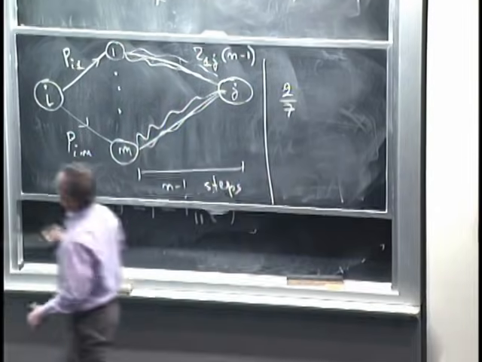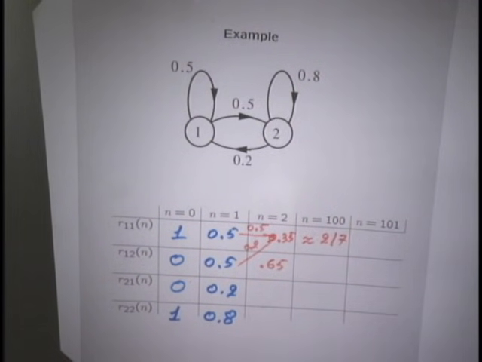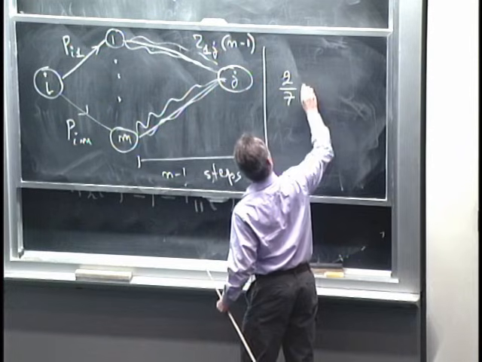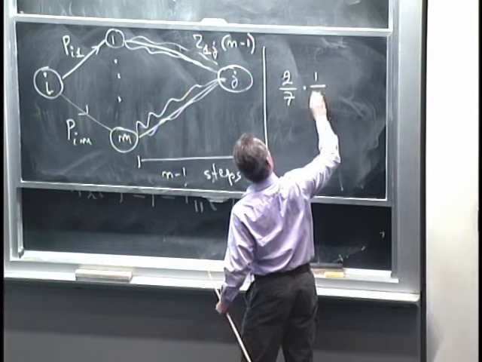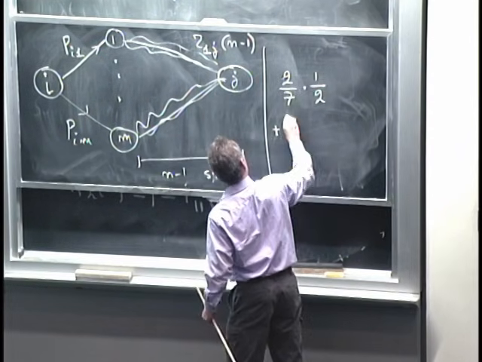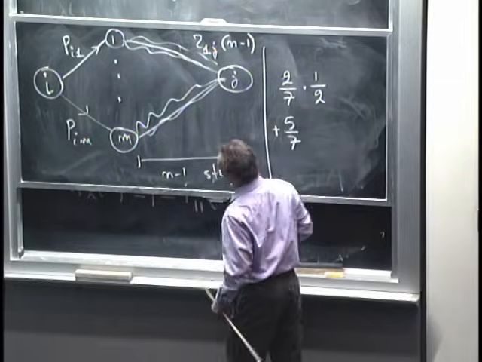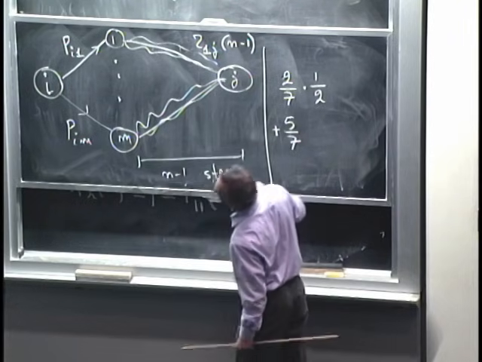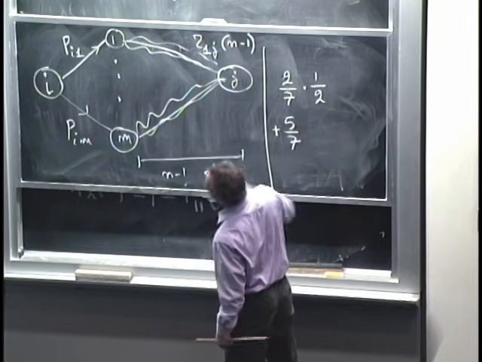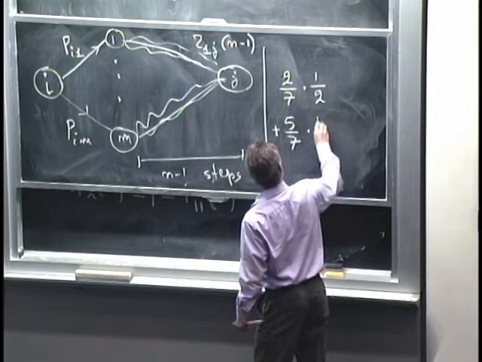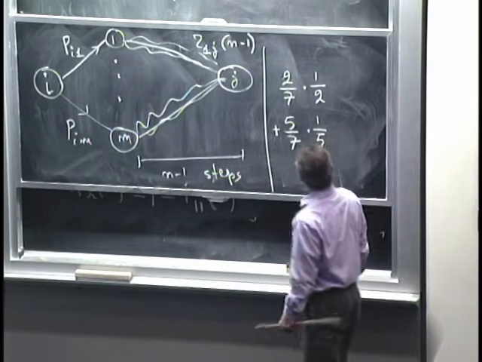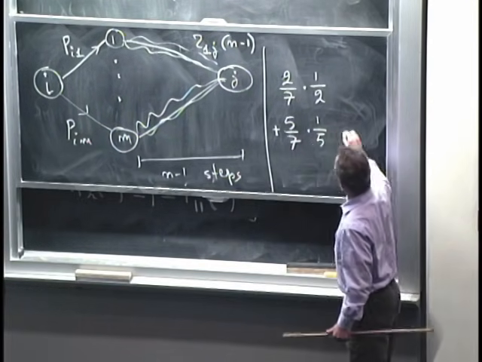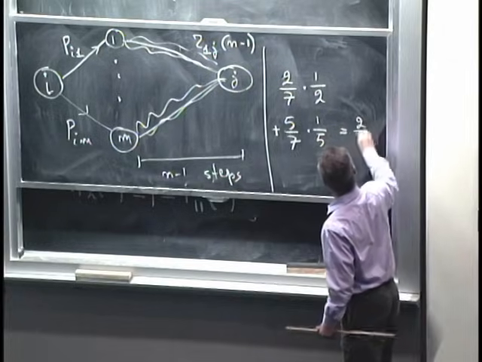That's the probability that I find myself at that state times 0.5, that the next transition takes me to state 1, plus 5/7, the remaining probability that I find myself at state 2, times 1/5, and so that gives me again 2/7.